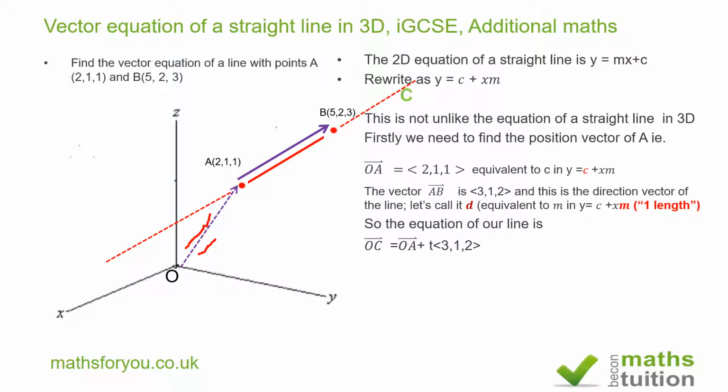So we're going to add this vector AB there. So to go from O to C, we go vector OA, and then a multiple of vector AB. So this multiple we have there.